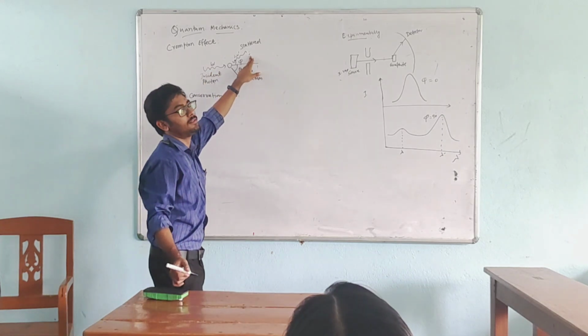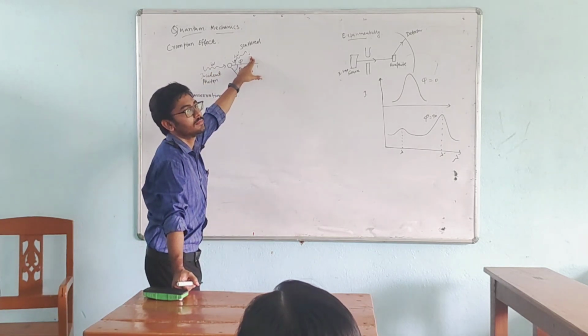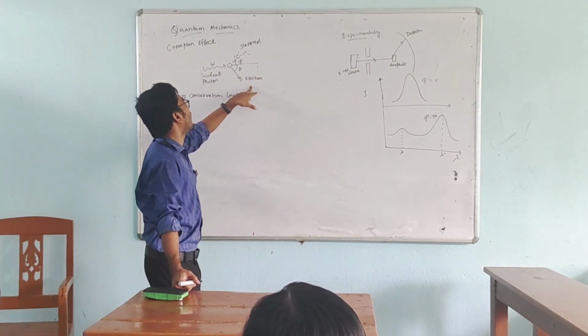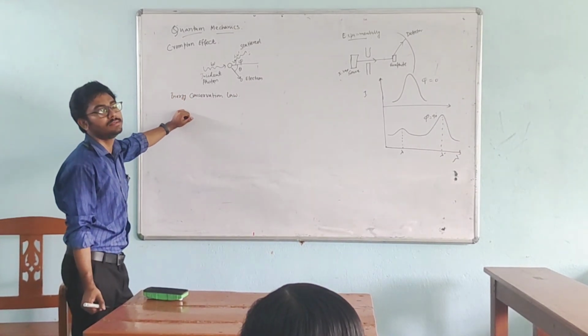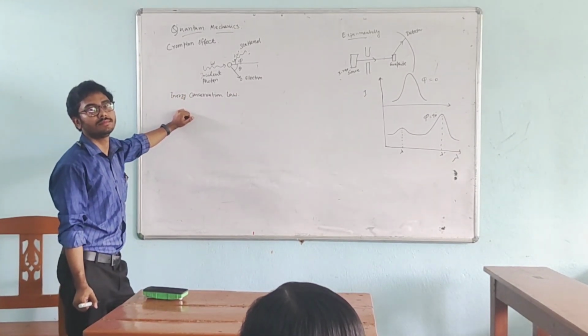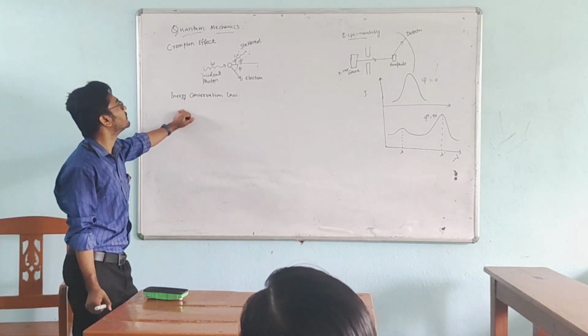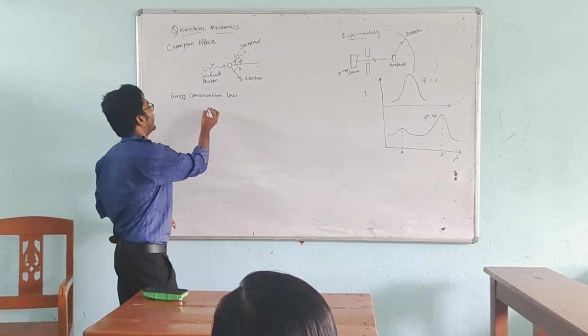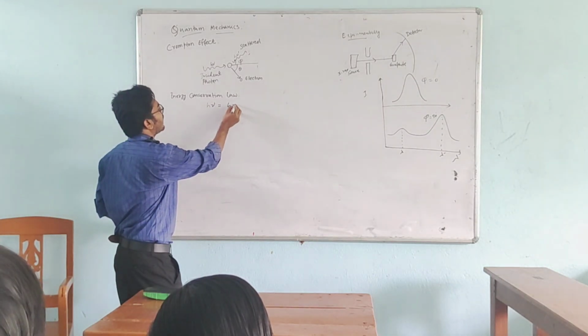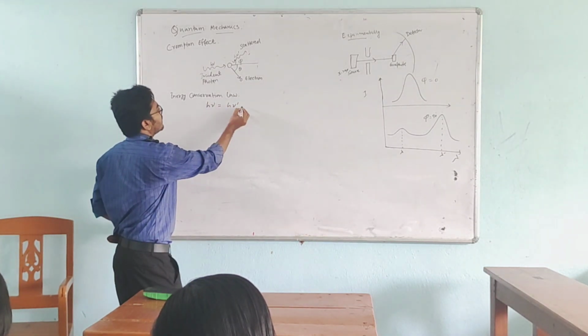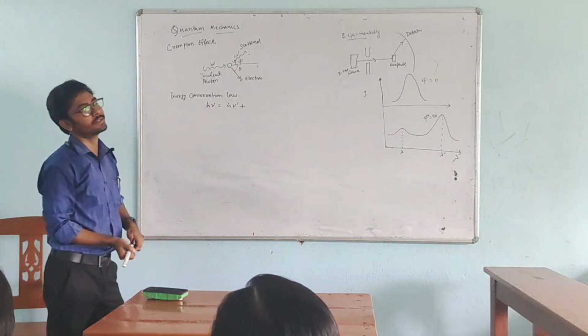And the scattered photon? h nu dash. And what is the kinetic energy of this electron? So h nu should be equal to h nu dash plus the kinetic energy Ek.